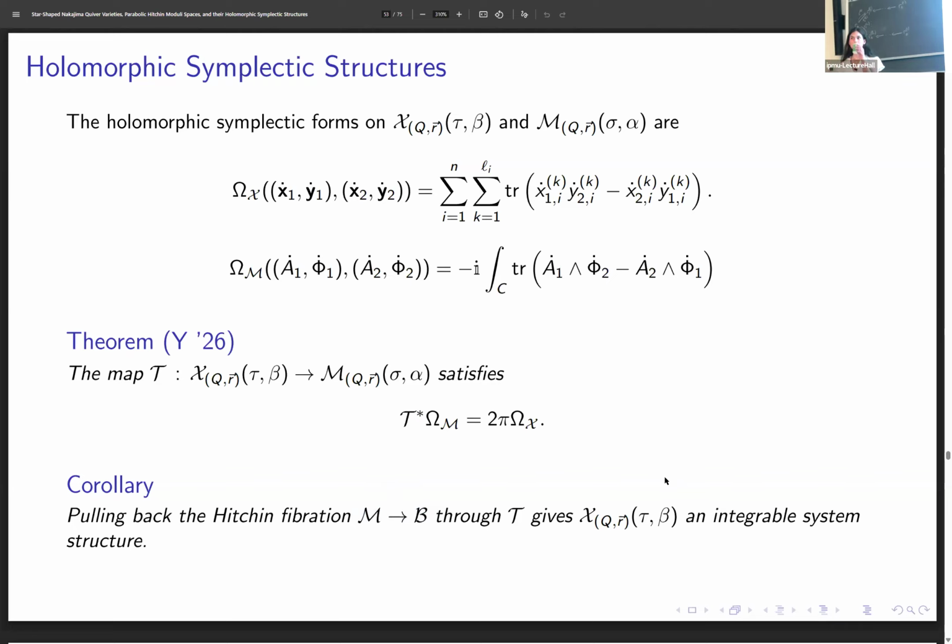So is it true that if you take a sufficiently small analytic open locus of the moduli space M of parabolic Higgs bundles, then you can get the star-shaped Nakajima quiver variety?